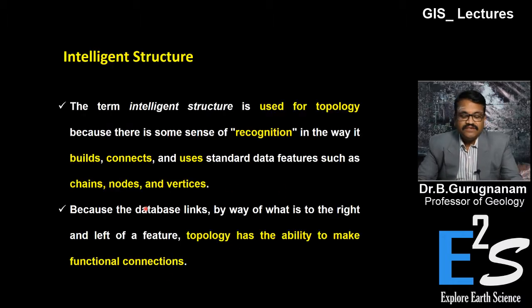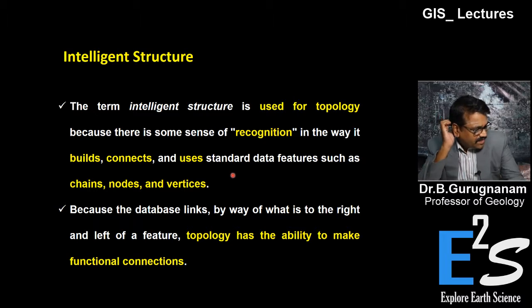Now let us see the intelligent structure. This structure is used in topology for recognizing the information that is built and connected by means of chains, nodes, and vertices.